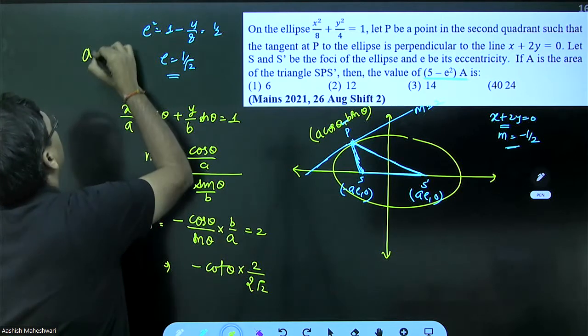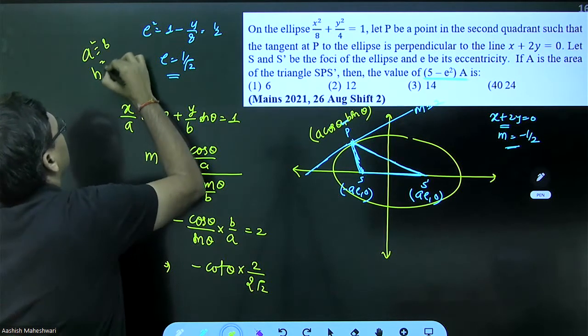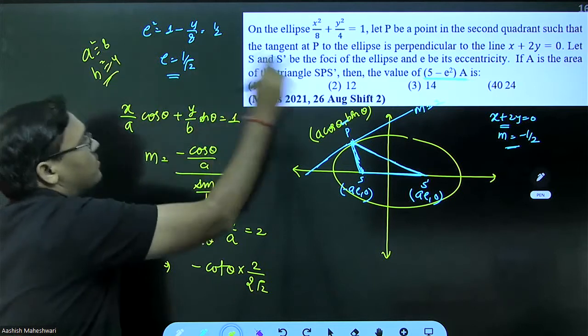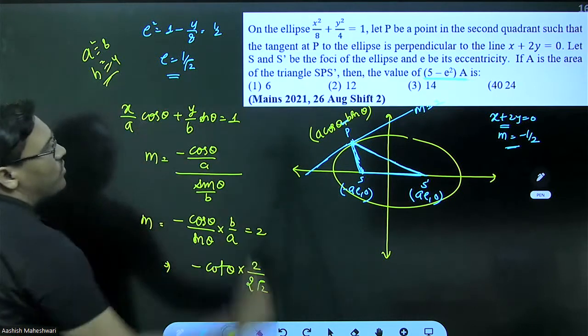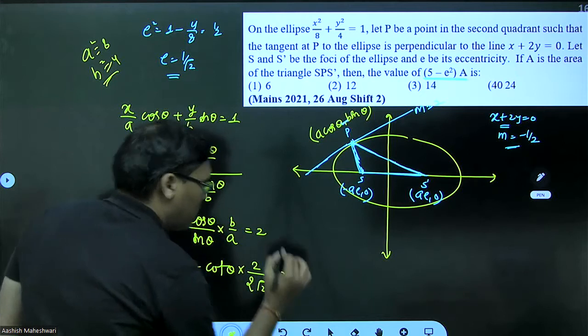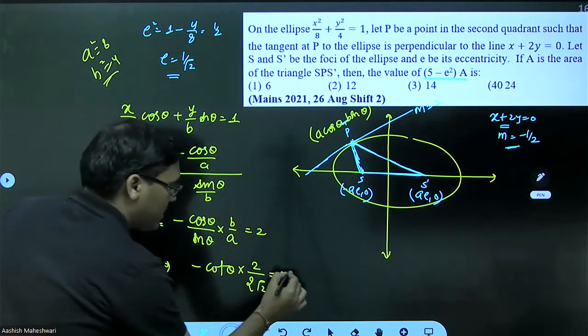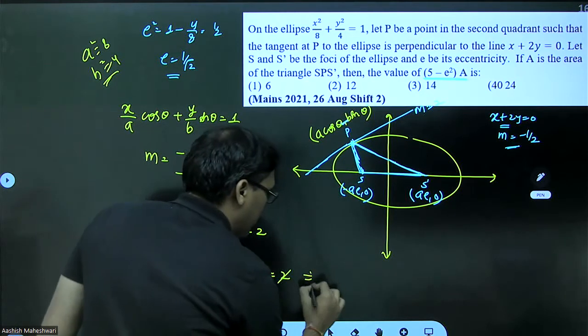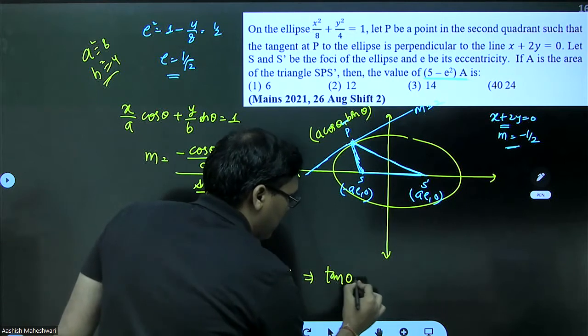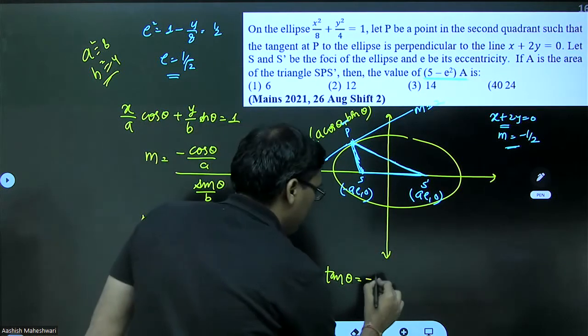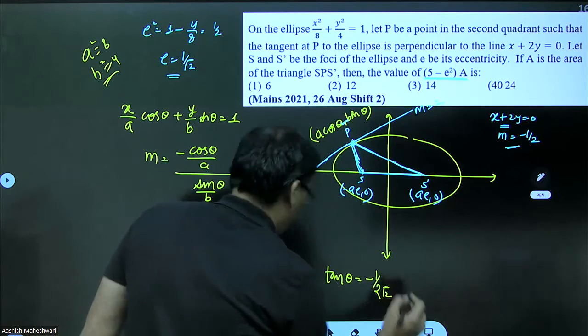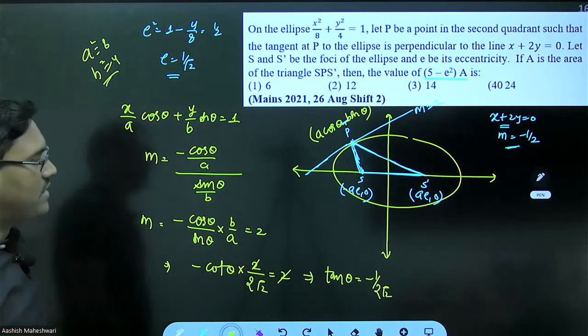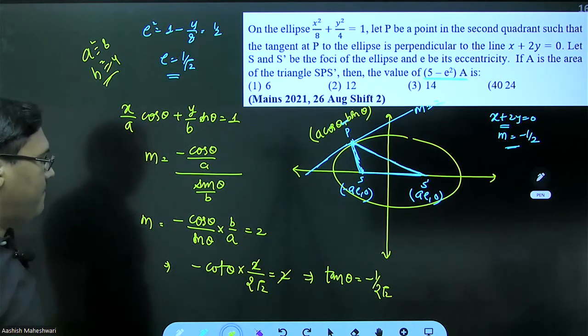A square is equal to 8 and B square is equal to 4. So B by A is 2 by 2 root 2, and this is equal to 2. So from this, tan theta is equal to minus 1 by 2 root 2. You can check the calculations here, right?